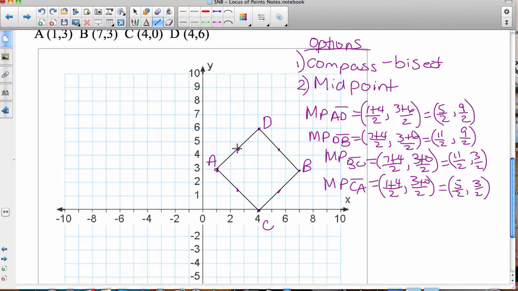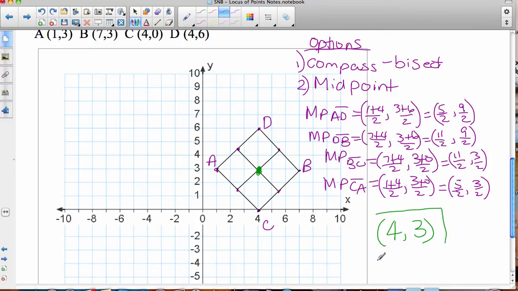If I went from this midpoint to this midpoint, and from this one to this one, looking at where they intersect, I would see that the point equidistant between all of those is this green ordered pair, and that answer would be 4, 3. 4, 3 would be the coordinates of any point in the plane that is equidistant from all of those spots.